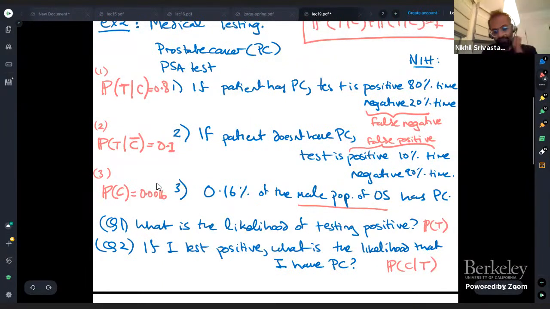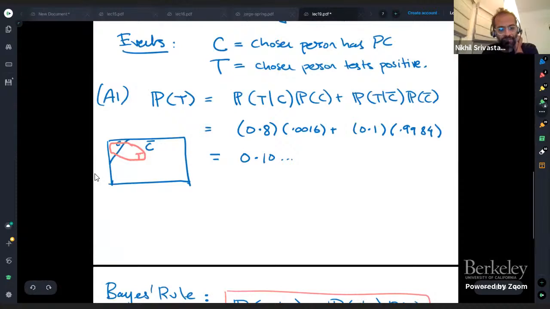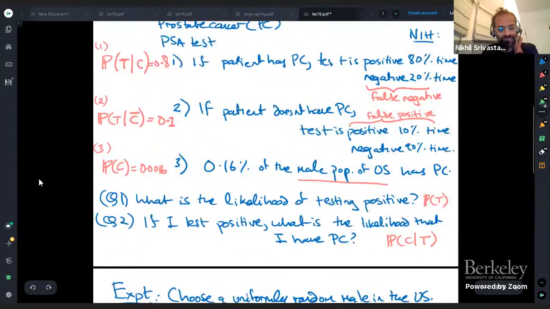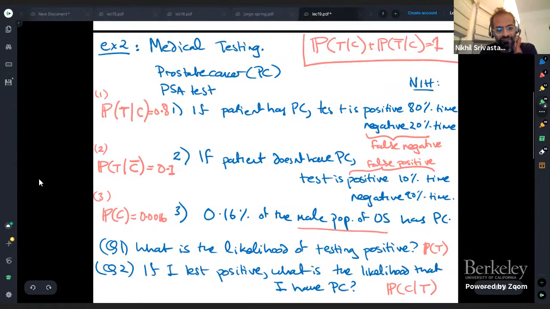Importantly, we also had an estimate of the fraction of people in the population who have the disease. That's P of C here. C is the event that a random person from the population had cancer in this case.